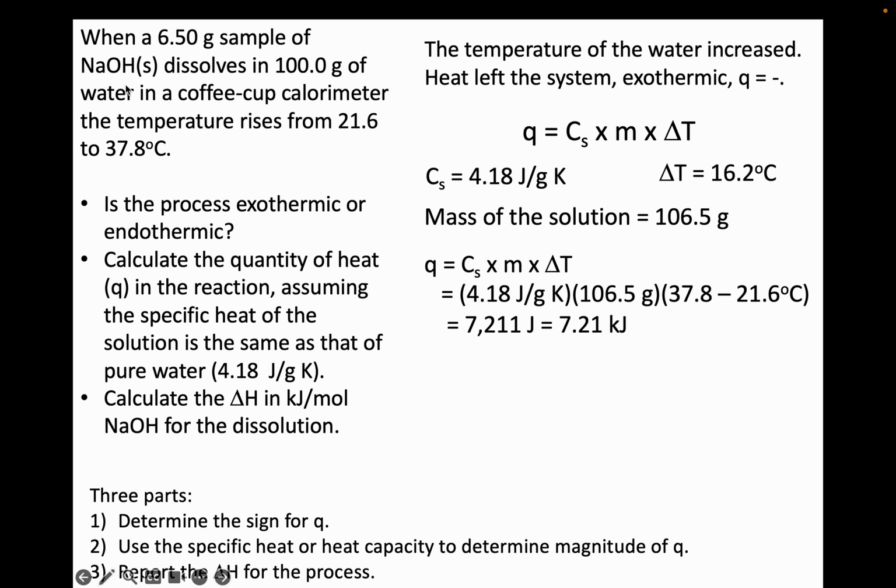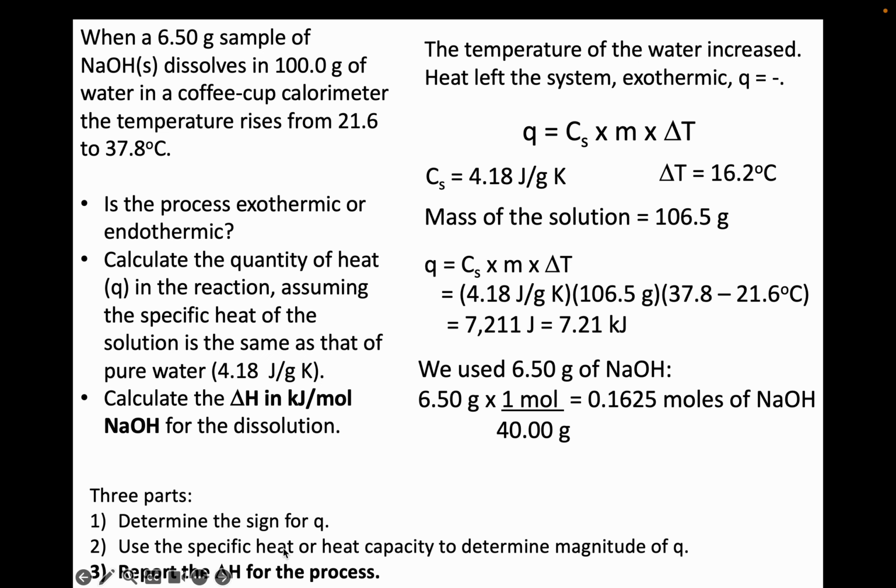It was the sodium hydroxide that then dissolved to give us, in the reaction, H2O and NaCl aqueous. So for the entire mass of the solution, we use both of those parts. That's where I'm getting 100 and the 6.5 added together to give me 106.5. If we put all of those in the expression, we could figure out how many joules was involved and report it also as kilojoules.